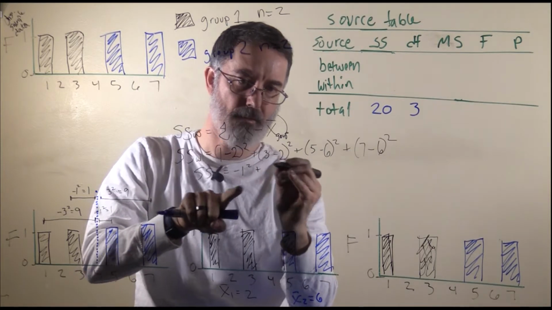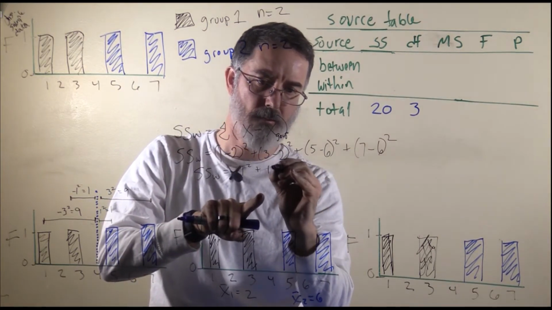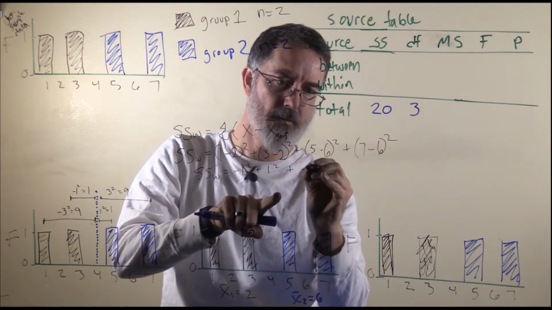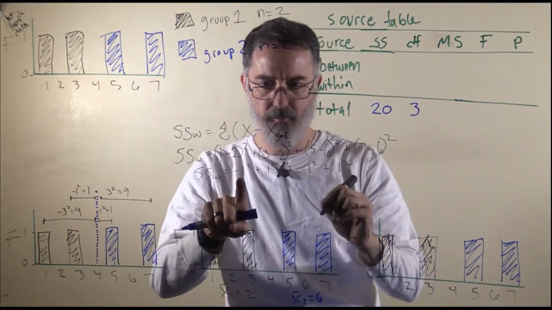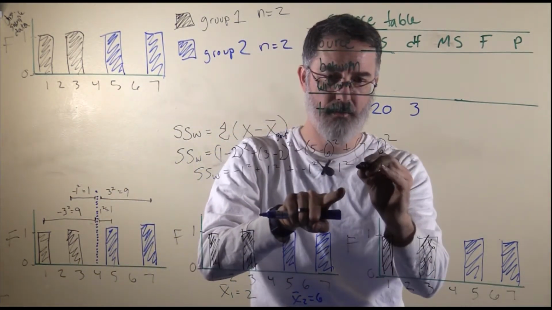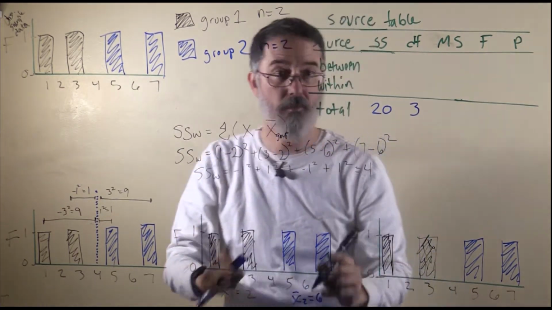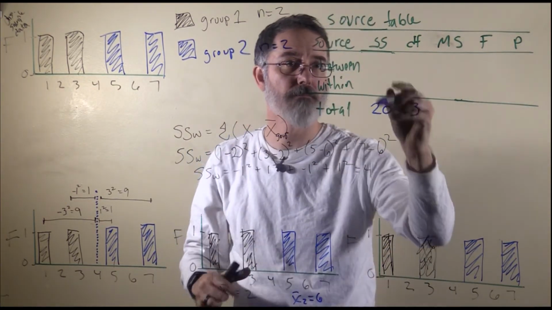That's -1 squared plus 1 squared plus -1 squared plus 1 squared. So this is 1 plus 1 plus 1 plus 1. Our sums of squares within is going to be 4.